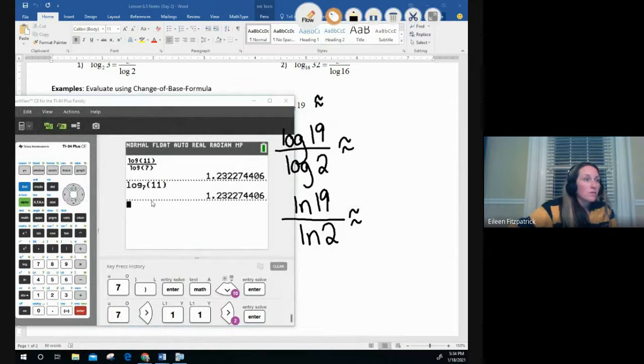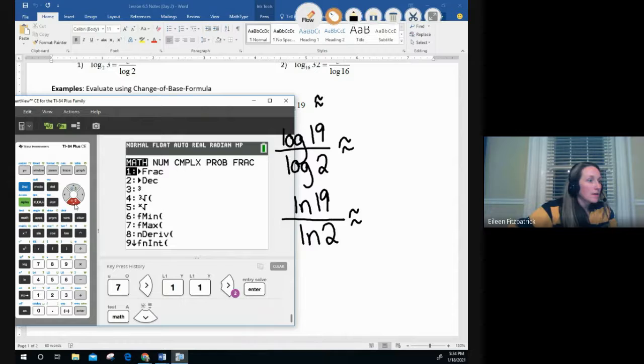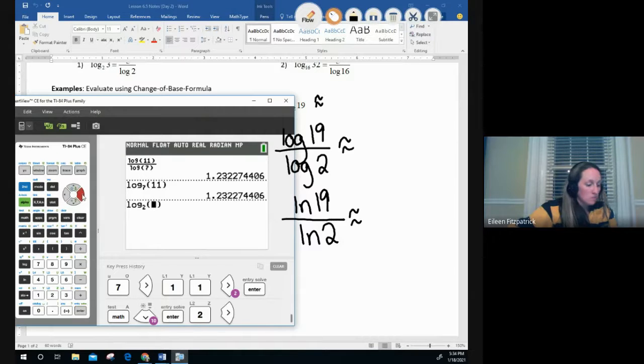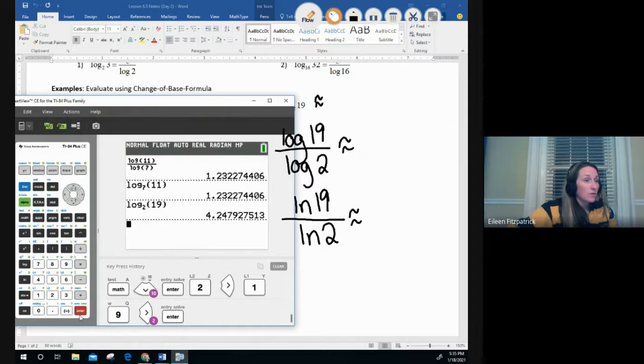The original problem was log base 2 of 19. So math, log base 2 of 19. Now I'll use the change of base formula. So alpha y equals common log 19 over, I should close that parenthesis. It would still work, I just like to close the parenthesis.